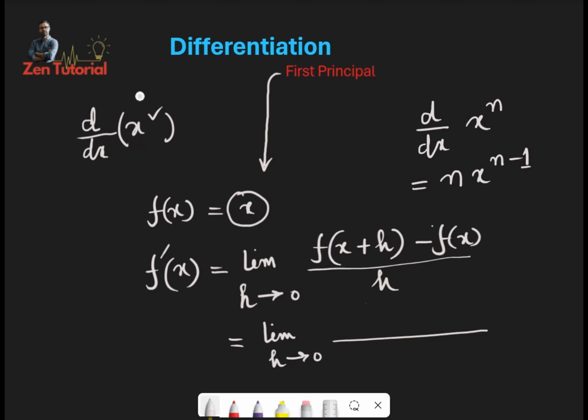If f of x is equal to x, then f of x plus h means x plus h, and f of x is equal to x. So let's plug in the x over h. This x cancels out, and in the following line this h over this h is equal to 1. So we can write the limit as h tends to 0 of 1. By the way, h will be 0, so the answer will be 1.